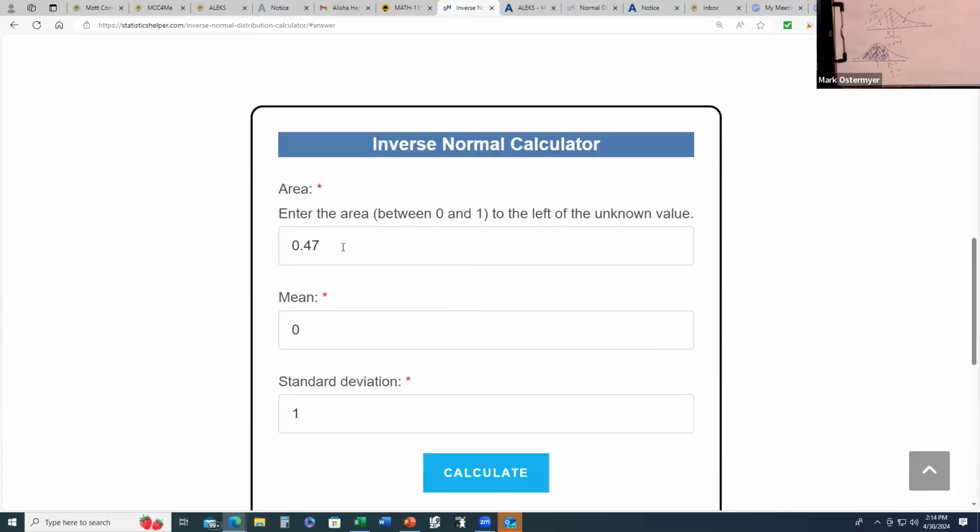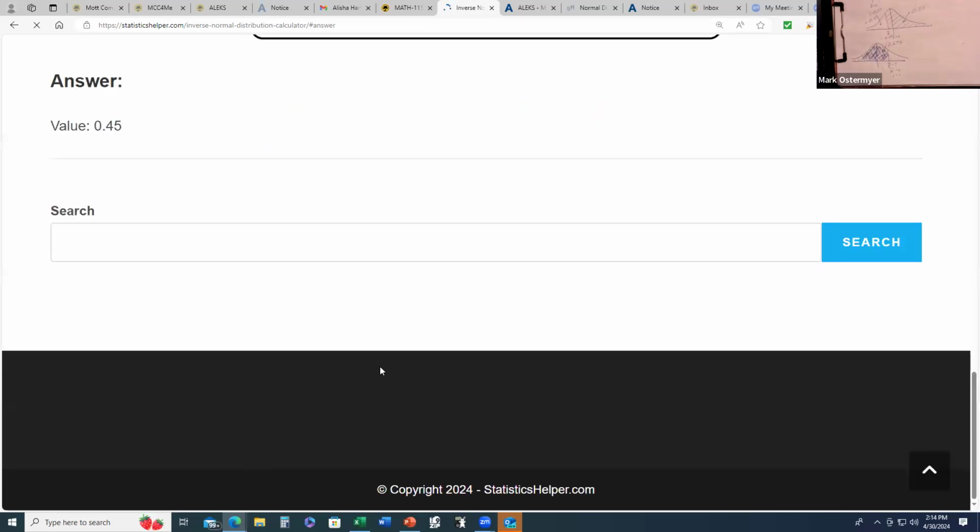Here it is. Type in the area to the left, which is 0.674. Mean and standard deviation are 0 and 1. Calculate. And there you go. Wait a minute here.